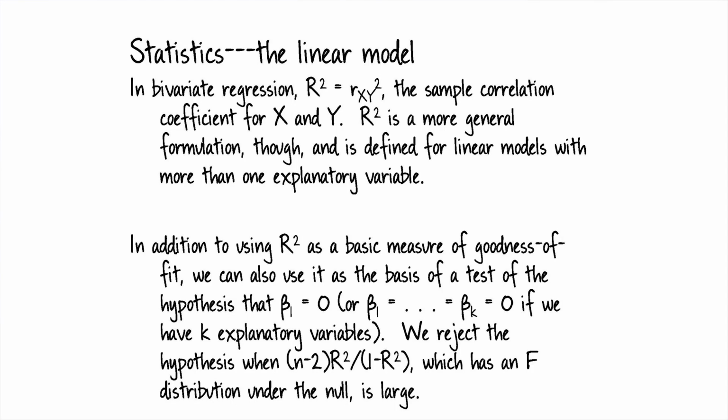If the variation in x does a good job of explaining the variation we're seeing in y, then beta 1 isn't equal to 0. Or with high probability, we can reject the hypothesis that beta 1 is equal to 0 in that case. Okay? And so when this is large, that's when we want to reject this hypothesis. Okay? Does that make sense? Somewhat? Okay. We'll see the F test again.